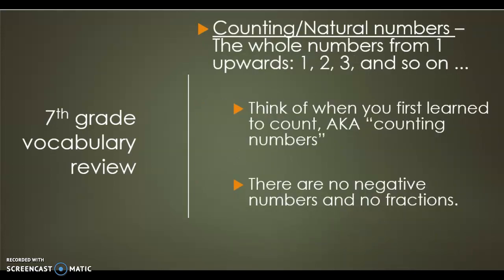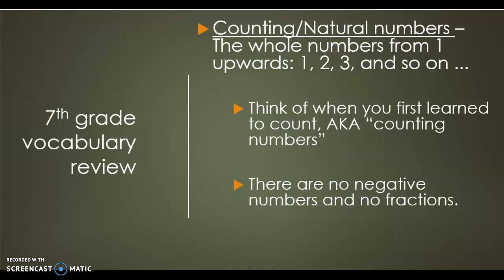And then, if we look at 7th grade vocabulary, we think about the counting or the natural numbers. So what I have written here is that the whole numbers from 1 upwards count. So 1, 2, 3, and so on. So I want you to think about, when you think about counting or natural numbers, when your child was a kindergartner, they did not start with the concept of 0. At that point in their development, 0 doesn't necessarily mean anything.